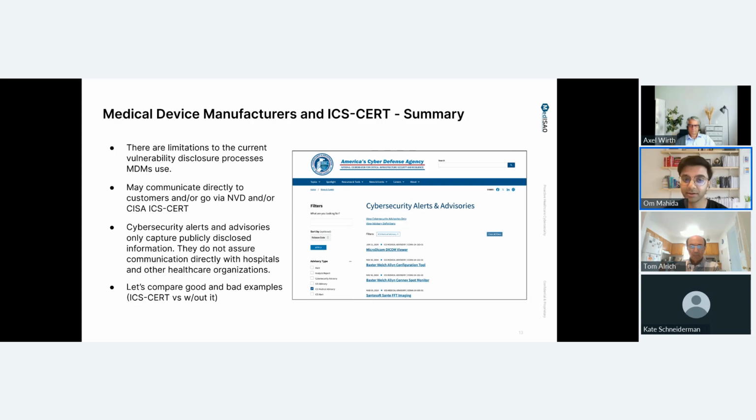These security advisories seem to only include publicly disclosed information, which doesn't mean hospitals or the end users of these devices have been alerted about these vulnerabilities. So over the next one or two slides, we're going to go over some examples of what those advisories look like and some key takeaways.